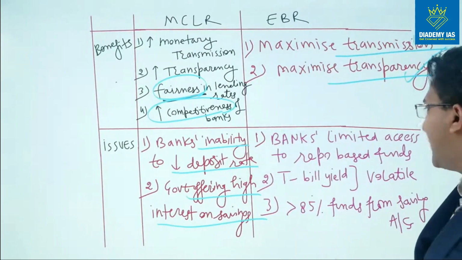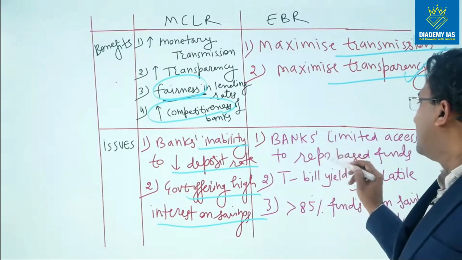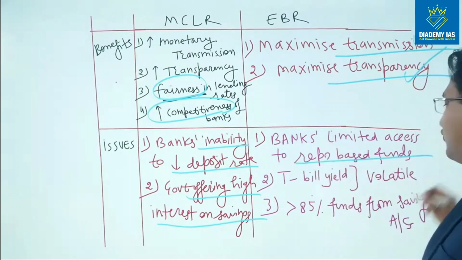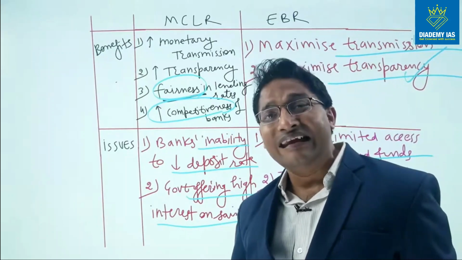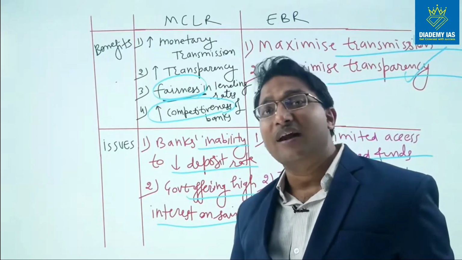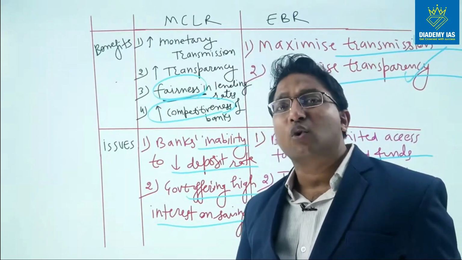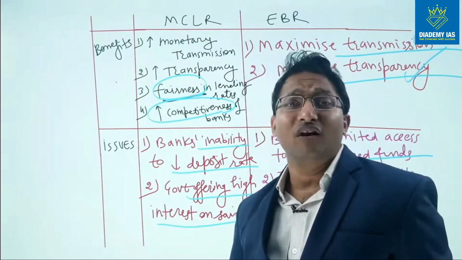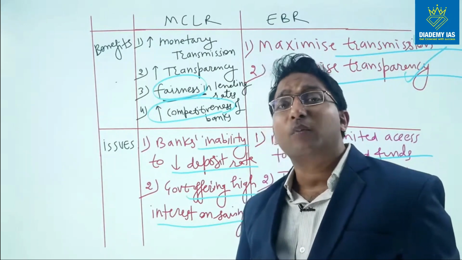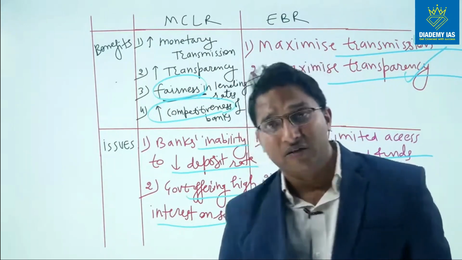The first problem is that the bank doesn't have the complete access to the repo based fund. So even though they have to change their lending rate as per the repo rate, their cost of funding will not be reduced. When their cost of funding will not be reduced, their profit will be adversely impacted, right?